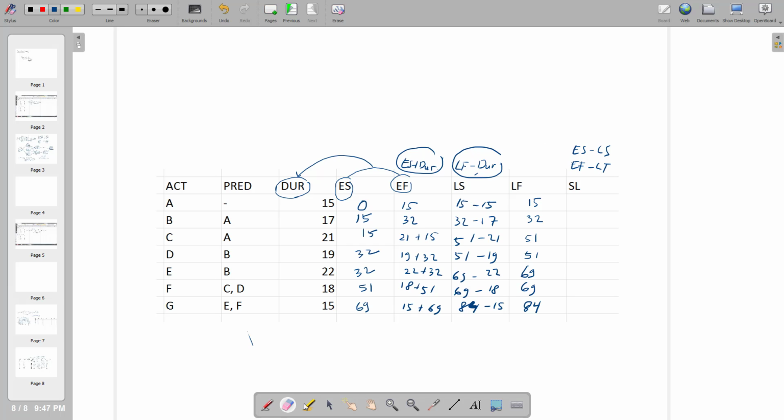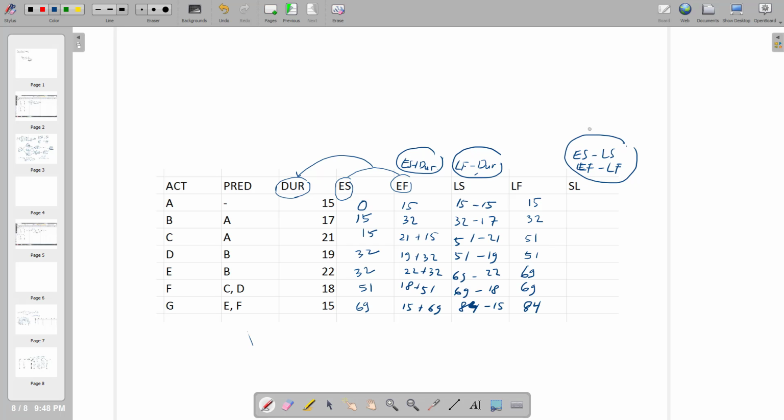Sorry, I'm really feeling sleepy actually. Right, so this one, early start and late start. Correct. So this one will be early finish and late finish. All you have to do is just count the difference.